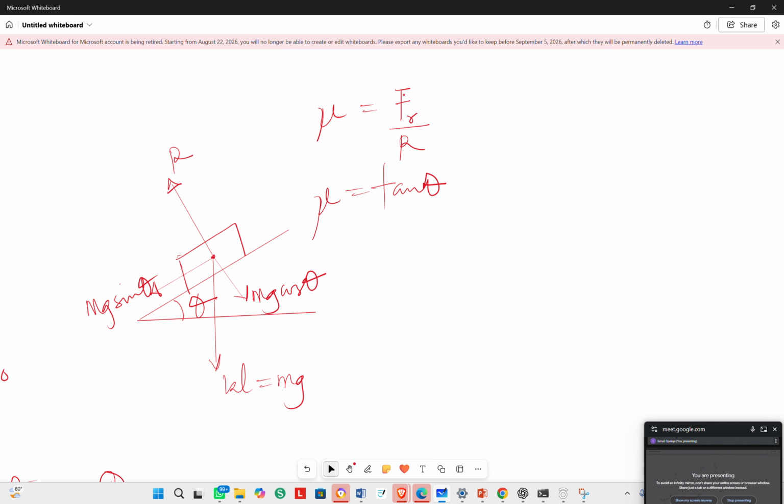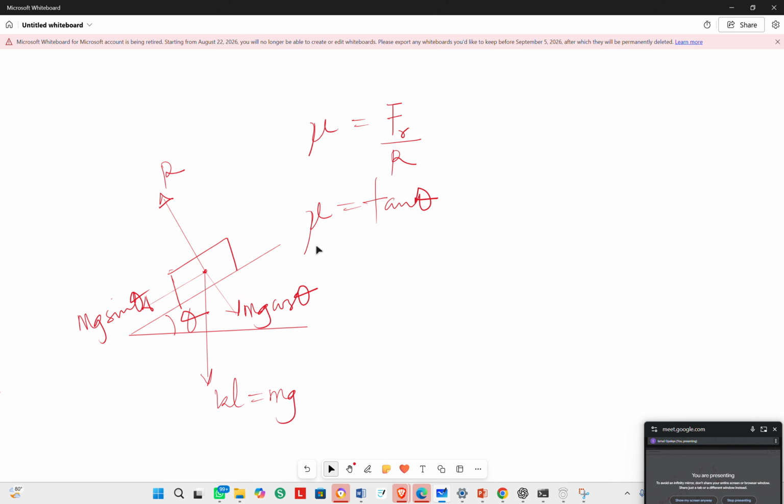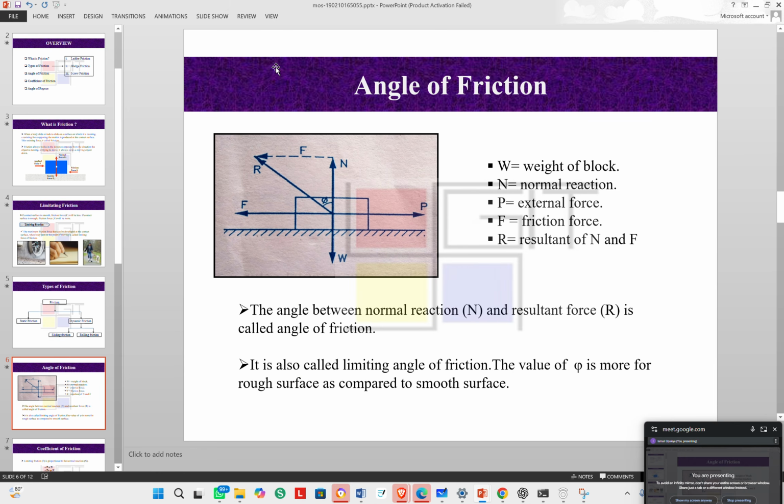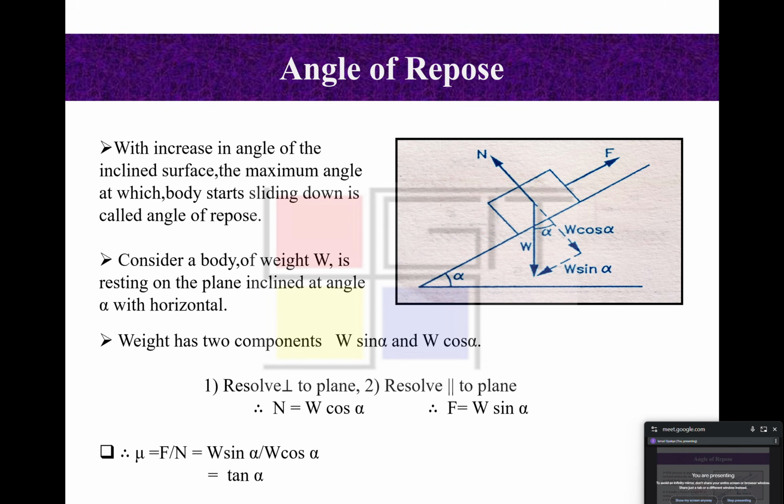You should try to prove this yourself. That's given as an assignment. Try to show that on an inclined plane with an angle theta involved, the coefficient of friction is equal to tan theta. So continuing from where we stopped, let's move further. This is the angle of repose we are talking about. That is alpha.